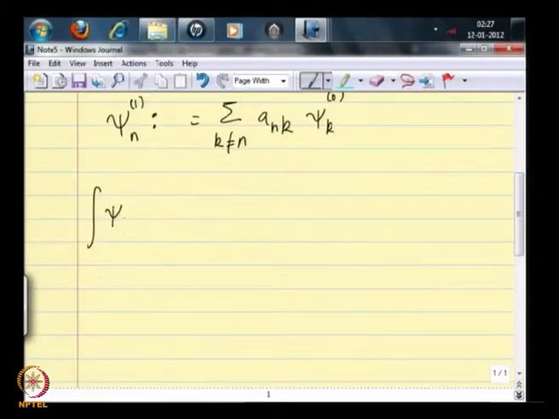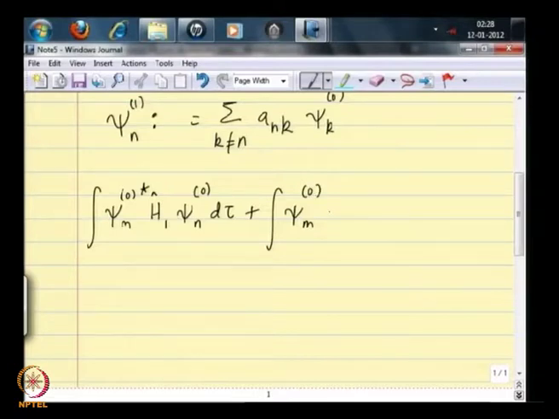the integral psi m0 star H1 psi n0 d tau plus the integral psi m0 star H naught, and we had the summation over k not equal to n a n k psi k0 d tau.